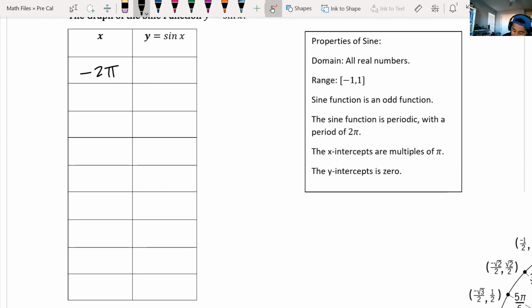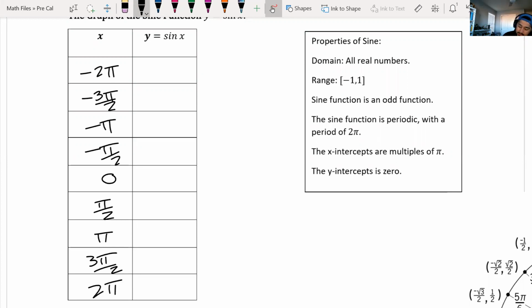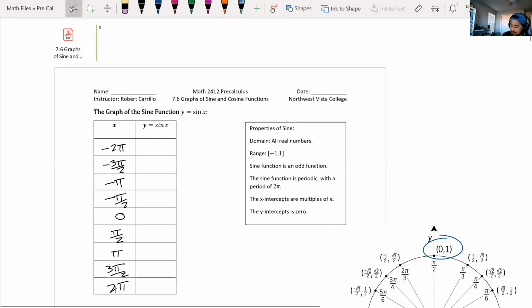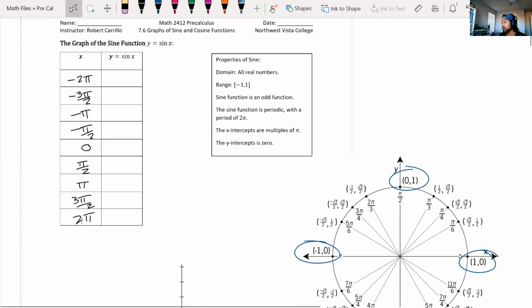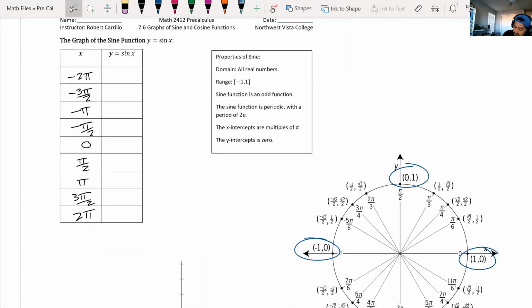So -2 pi, -3 pi over 2, -pi, -pi over 2, and then 0, pi over 2, pi, 3 pi over 2, and 2 pi. These are the perfect coordinates to pick for the sine function, because the sine at 2 pi, at -2 pi, is going to be 0.